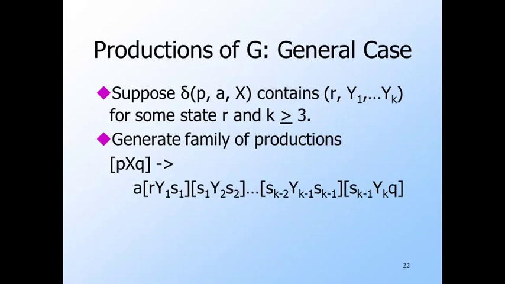In the general case, where on input A in state P, X is replaced by a string of 3 or more stack symbols, Y1 through Yk, and the state becomes R, we need a family of productions in which there are k-1 unknown states, S1 through Sk-1. The productions all have this form.